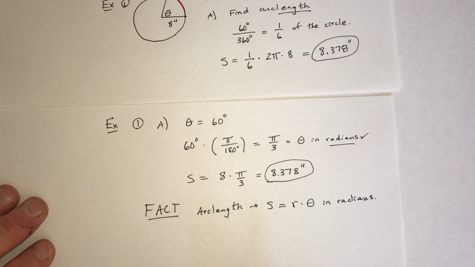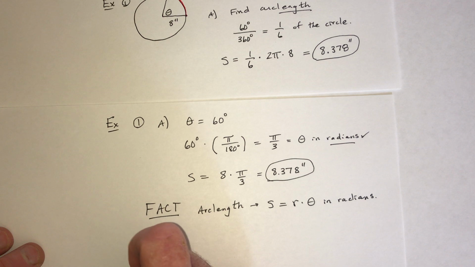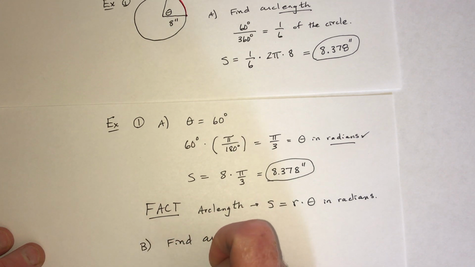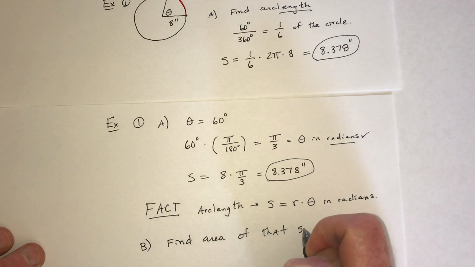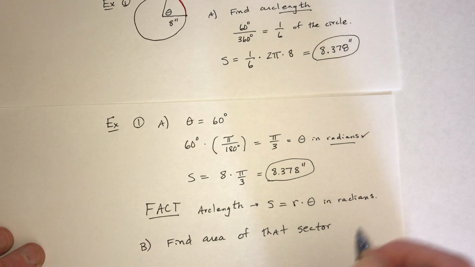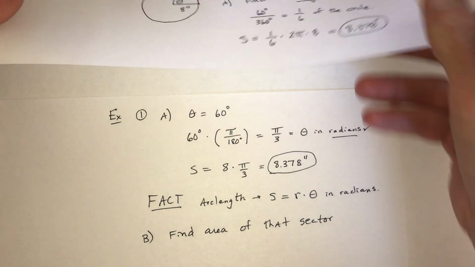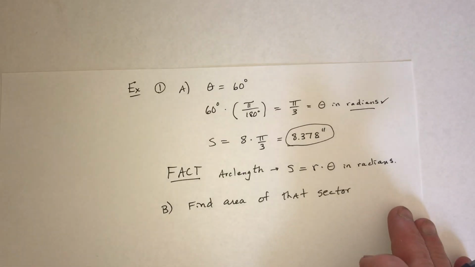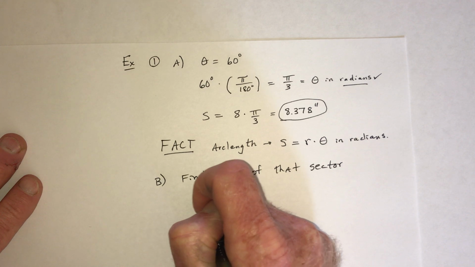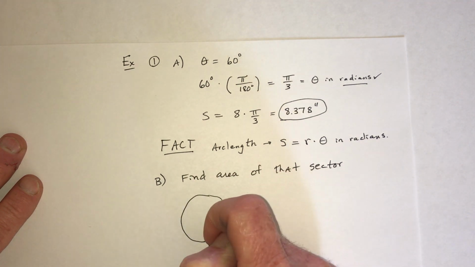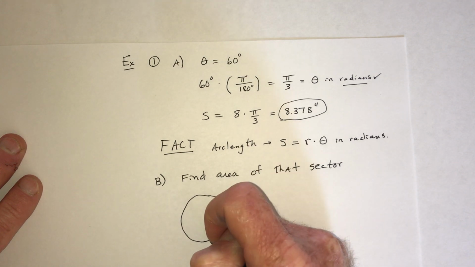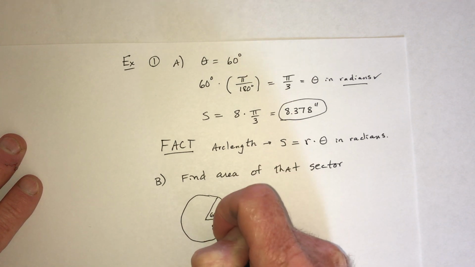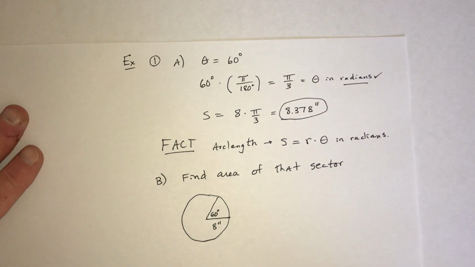Okay, now on to part B. Find area of that sector. So we're still talking about the circle has a radius of 8 inches, and this is still 60 degrees.